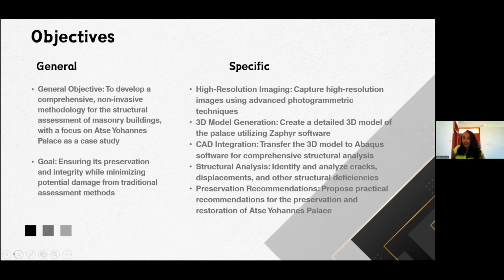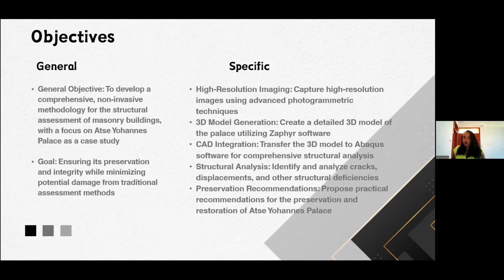The first thing will be a digital 3D model gained from the Zephyr software, and the next one will be a better and a nice method for the preservation of the monument or heritage. And then the next part will be we will be able to identify any structural defects or any other weaknesses. And at last, we will be able to recommend useful recommendations for the structural weakness that we saw.